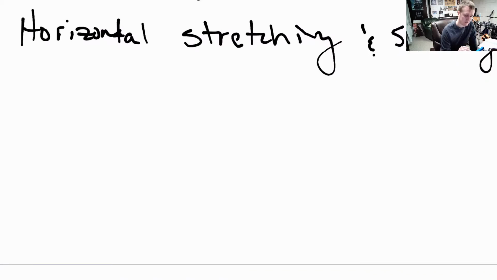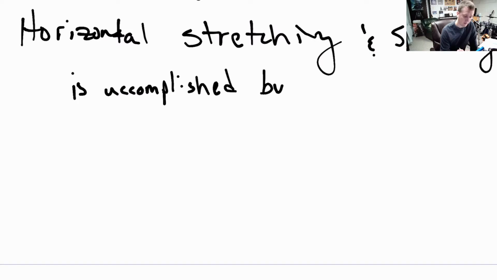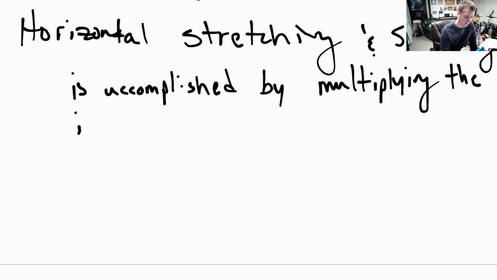So horizontal stretching and shrinking is accomplished by multiplying the input by some constant.